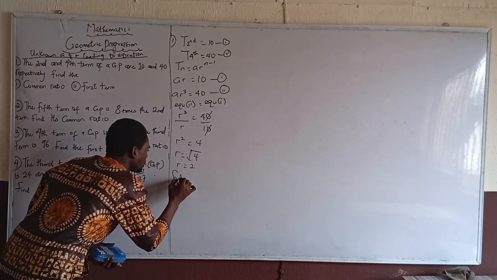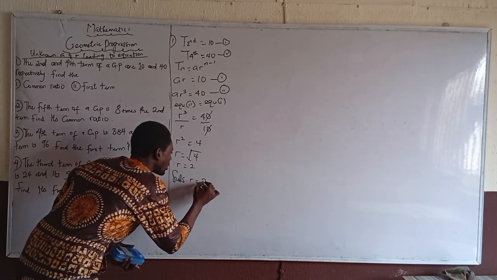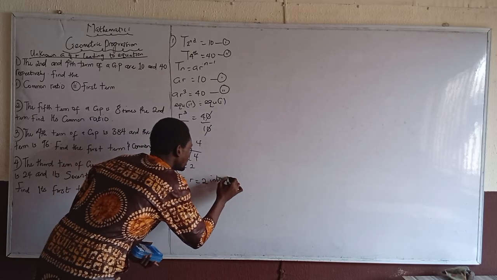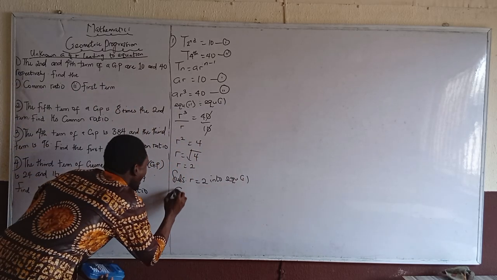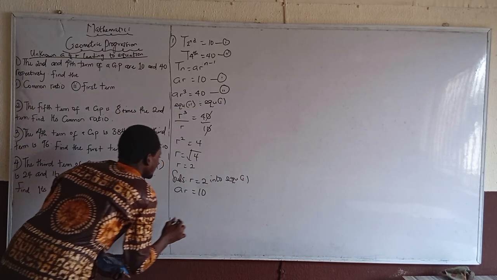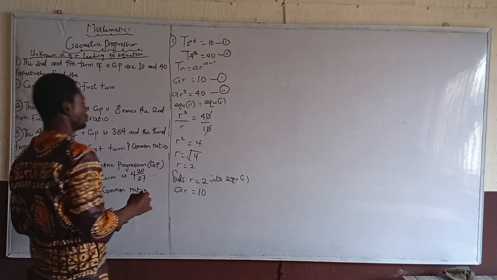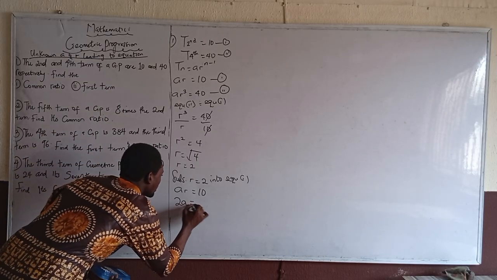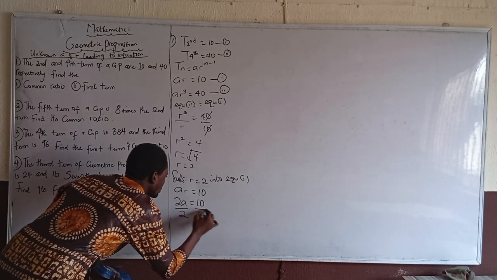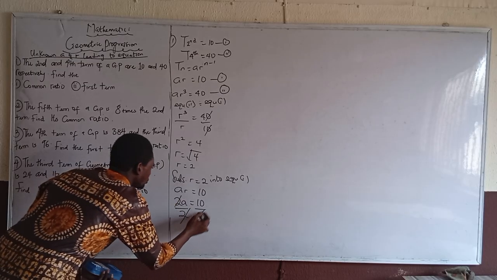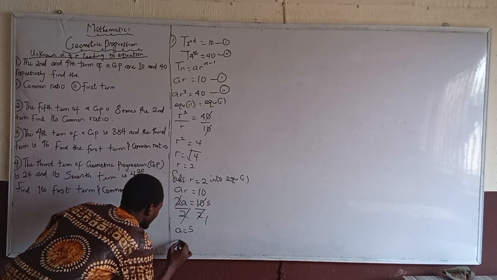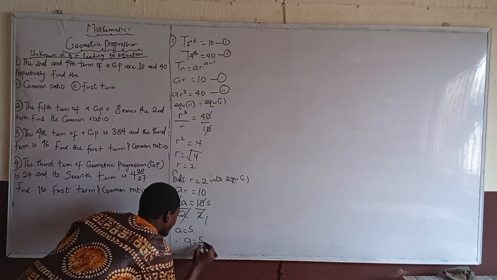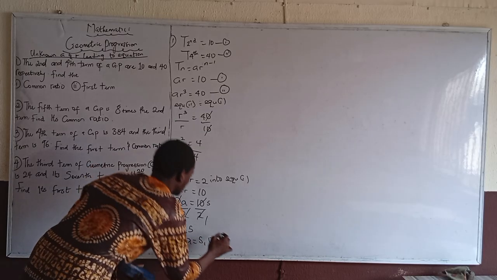So I can substitute R equals 2 into equation 1. What is equation 1? AR equals 10. So R is 2. Here is 2A equals 10. Divide by 2, divide by 2. 2 cancels 2. 2 here is 1, 2 here is 5. My A is 5. Therefore, A is 5 and my R is 2.